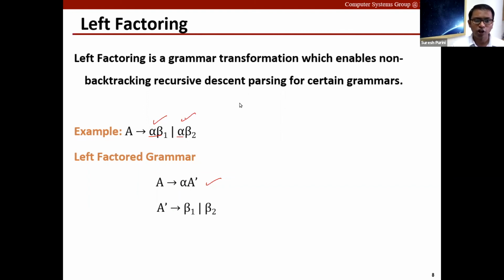If there is a common prefix, you cannot design a backtrack-free parser, because you might be able to generate a prefix of the leftover string either by using the first substitution rule or the second substitution rule. So we don't have a hope of coming up with a backtrack-free parser if we have substitution rules such as this. So we have to left factor the grammar.